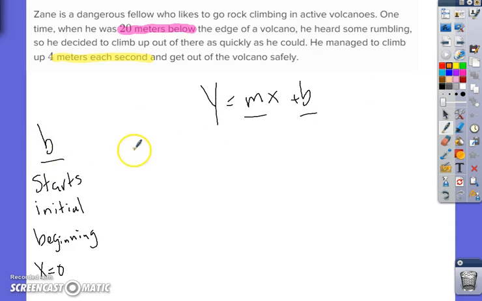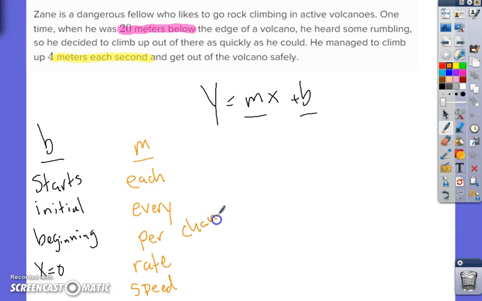And then for the slope, it's pretty simple, I'm looking for the words each, every, or per, because those are all things that are going to tell me a rate, or a speed, or a change, or a ratio. So all those things belong to slopes.